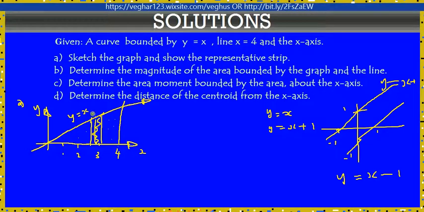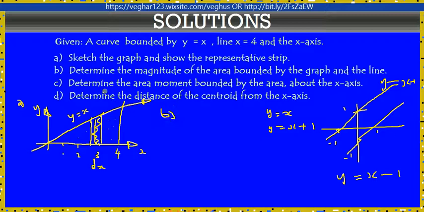There are other conditions, which we'll find as we go through other exercises. So this is basically your strip. We have done sketching the graph. This is how you sketch the graph.